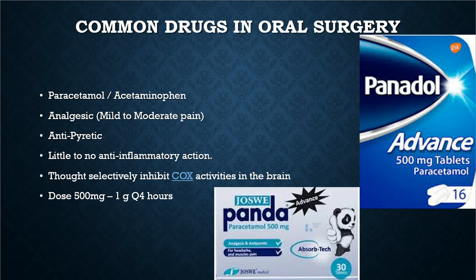It's an analgesic, so it's mild to moderate pain, we can use it. It's antipyretic, it reduces fever, and it has little to no anti-inflammatory action. So the dose 500 to 1 gram Q 4 hours. It selectively inhibits COX activities in the brain. It's the most common drug to be prescribed.